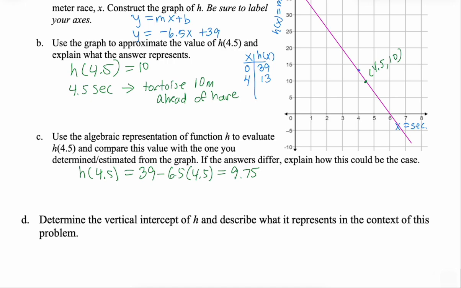It says determine the vertical intercept of H, and what does it represent in the context? Well, that is h of 0. We found it earlier. That is our y-intercept. A vertical intercept is just your y-intercept.